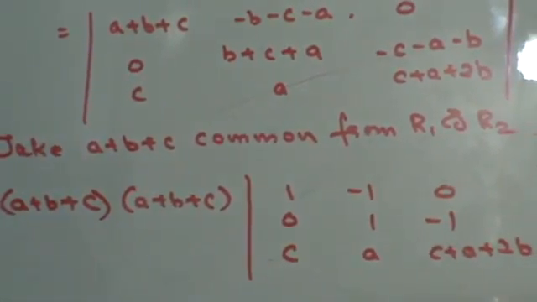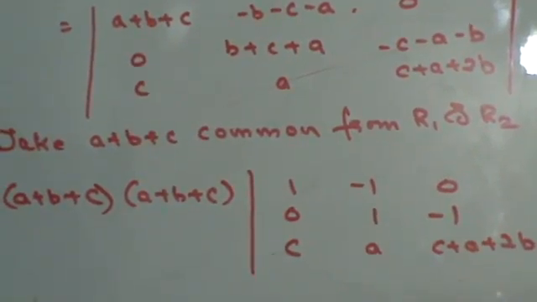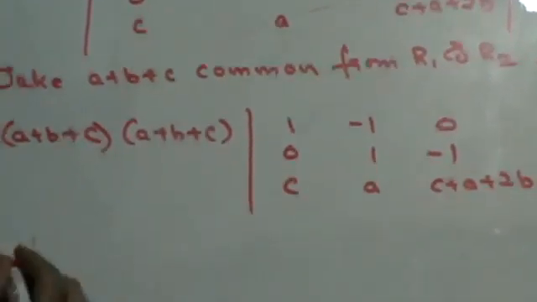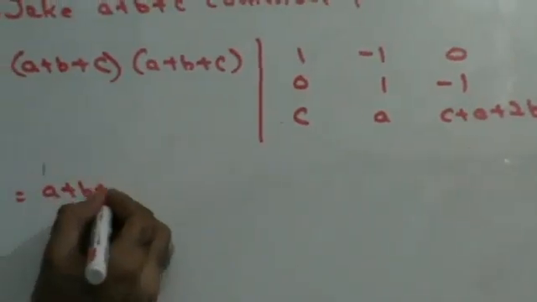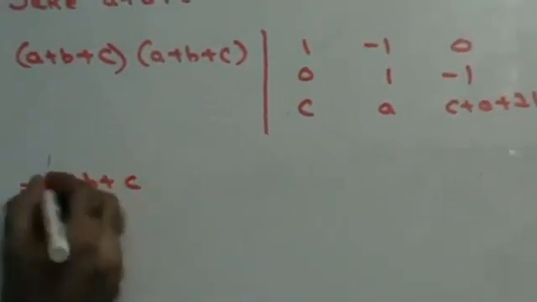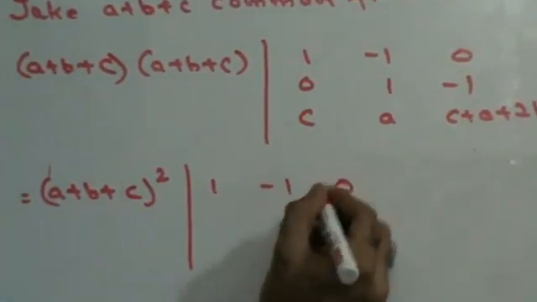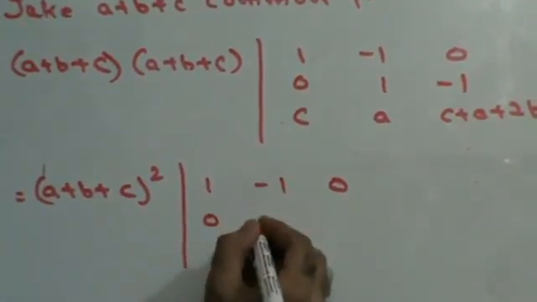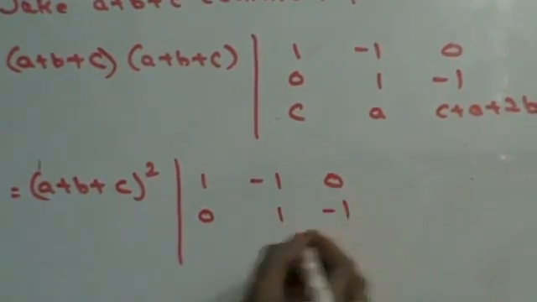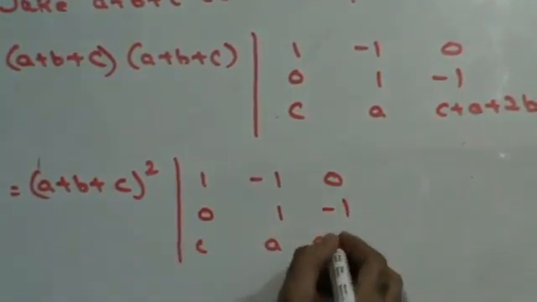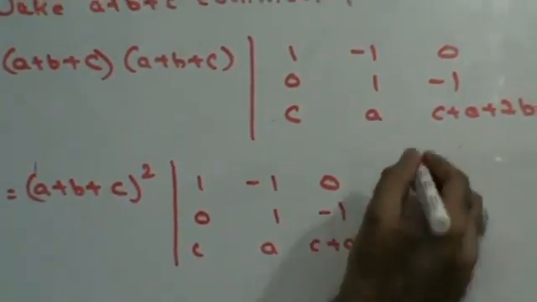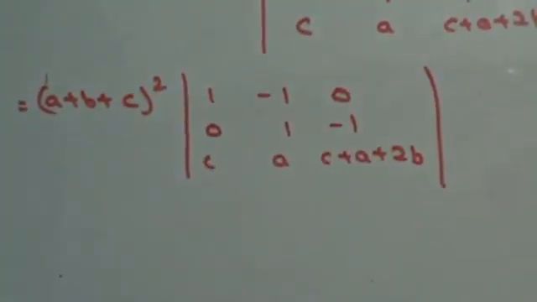So in that case you will have a plus b plus c the whole square, times the determinant 1, minus 1, 0; 0, 1, minus 1; c, a, c plus a plus 2b. Can I get any more zeros here?